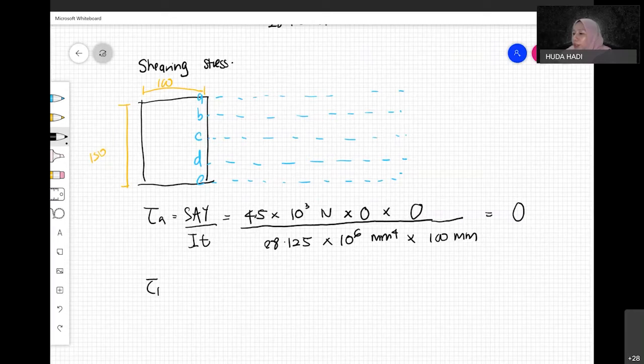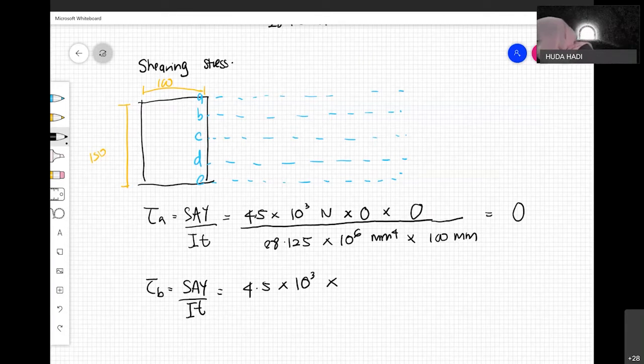And then for B. Okay, area above B. Mestilah 150 you bagi 2, sebab dia kan bagi sama kan. So sampai C ni 75. 75 you bahagi lagi 2, you dapat sampai B. Berapa jarak ni? Sebab you nak jarak ni, sebab you nak kira area kan? So ini jarak ni darab 100.